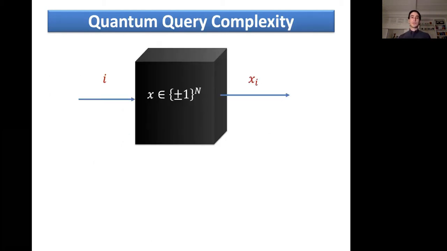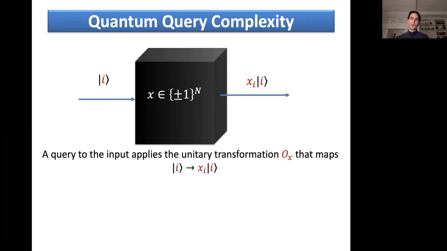The next thing we want to do is talk about the quantum analog of this model. Unfortunately, there's not a nice picture as a decision tree for the quantum case, so we need to go back to the black box picture. Everything in a quantum algorithm needs to be a unitary transformation.